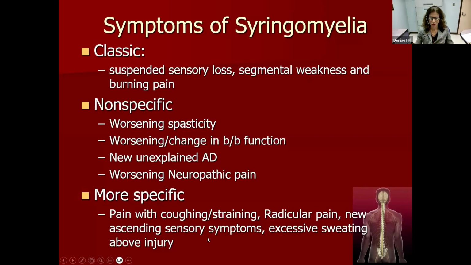Excessive sweating above the injury, while uncommon, would be another cause, potentially for a syrinx because of involvement of the autonomic fibers. And in terms of ascending sensory symptoms, one of the other things to watch out for is just something more simple, like a focal neuropathy, such as carpal tunnel syndrome, which can cause new tingling or new numbness.